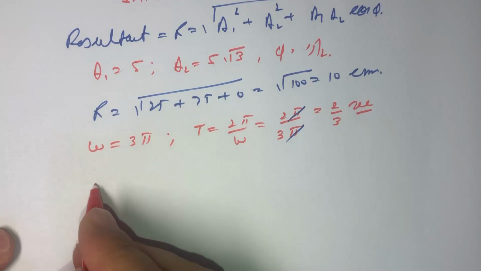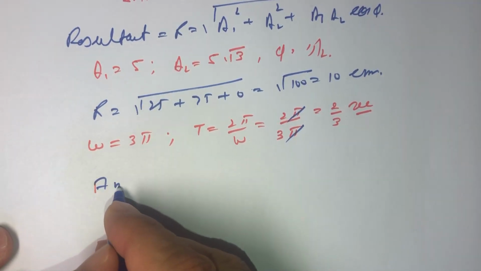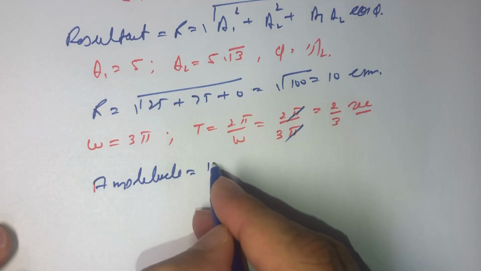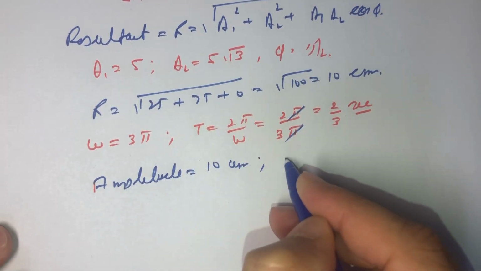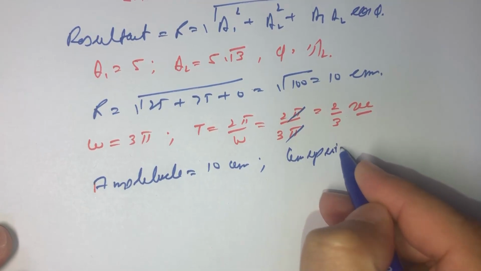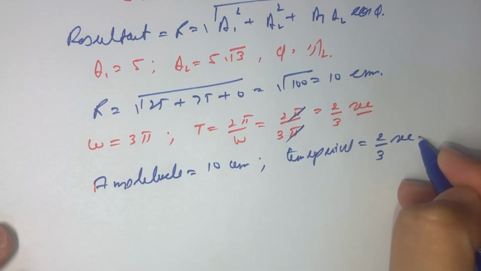So once again the amplitude is equal to 10 centimeter and the time period is equal to 2/3 second.